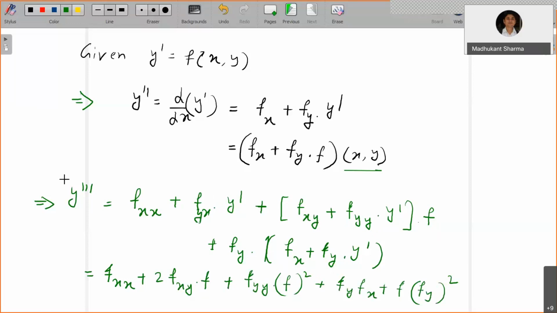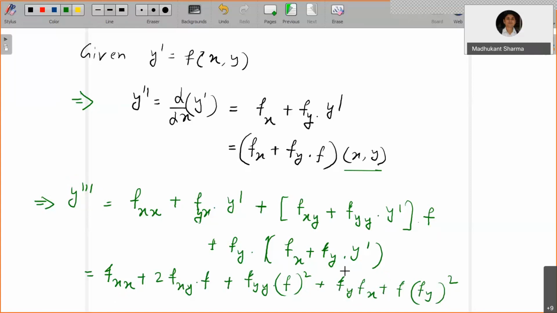For having the third order derivative, y should be three times differentiable, and you require the continuity of the second order partial derivatives, including the first order partial derivatives, and so on.